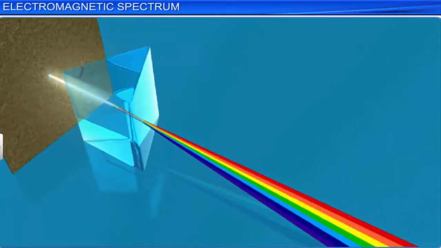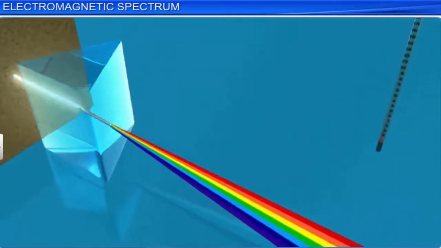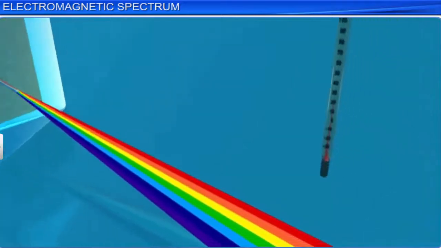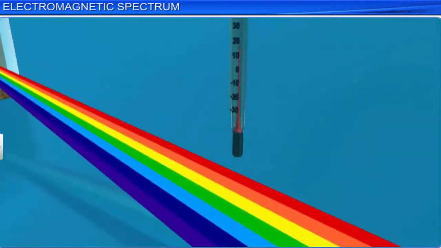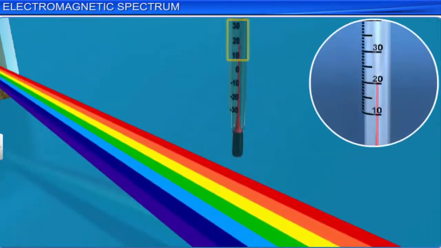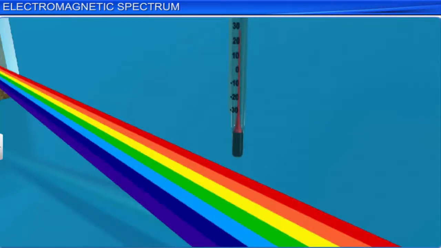Now, if you move a thermometer with a blackened bulb in the region adjacent to the red region of the visible spectrum, it records a rise in temperature. A blackened bulb has better absorption. This shows that there are invisible radiations beyond the red region, which cause the temperature to rise.